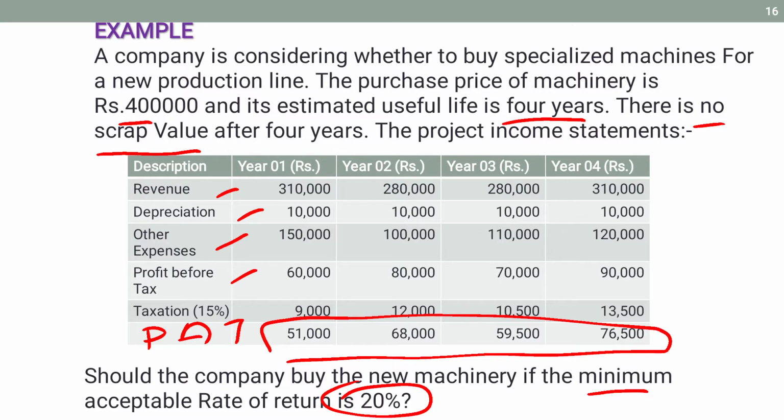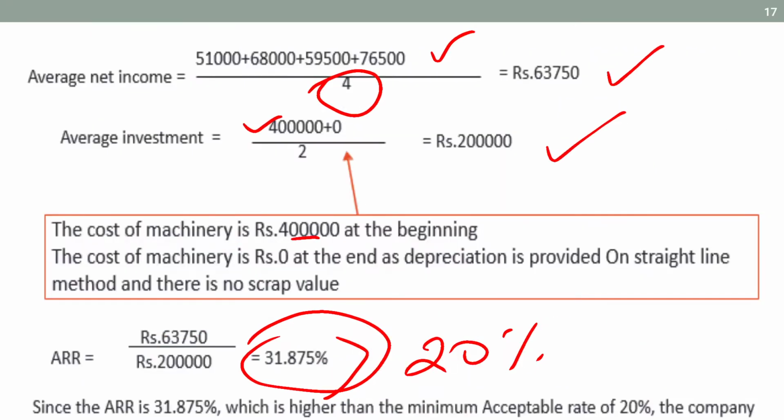Profit after tax is given in the question, so we have averaged it, and we have taken the average investment, and by comparing the average net income and average investment, we have found ARR.